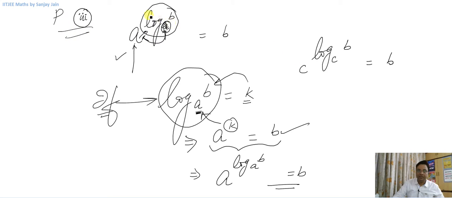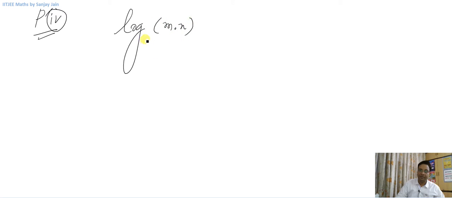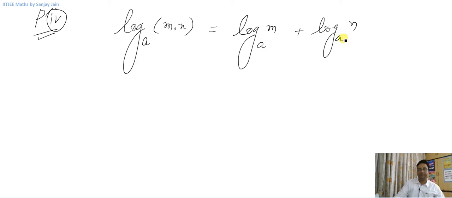Okay, so let's move to the next property, property number 4, or we can call it a product rule also. So if there is a product, let us say log m into n, right, and the base is a, we can write it in summation form, log m to the base a plus log n to the base a.